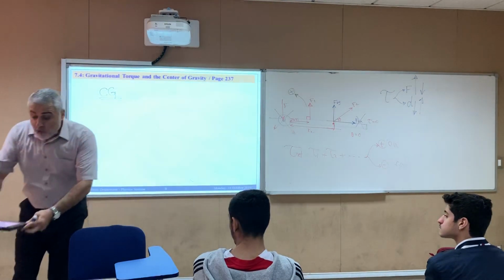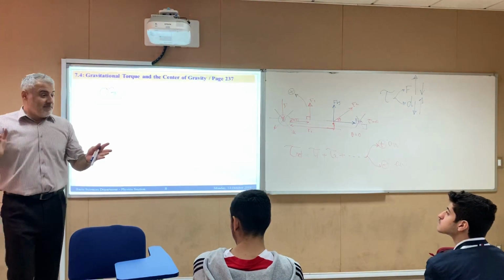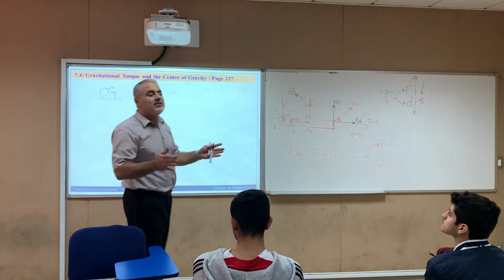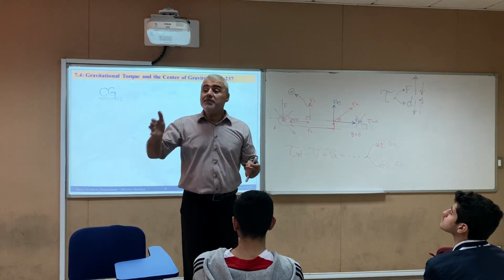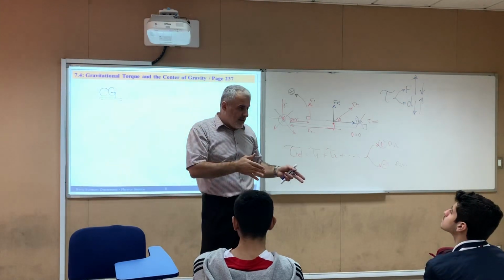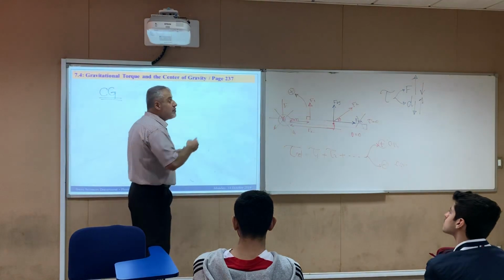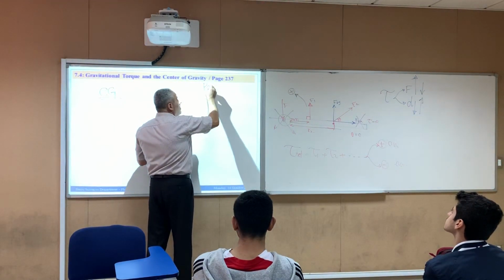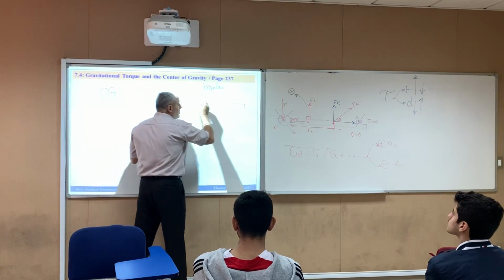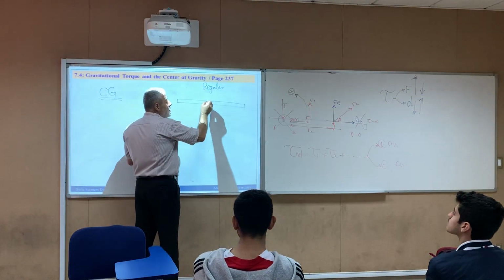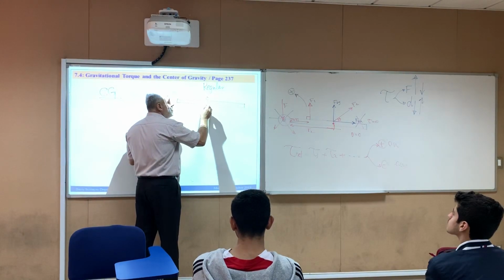All objects have what we call the center of gravity, and they have their centers. Sometimes the center is the same as the center of gravity. How? If we have a regularly shaped object, like this ruler, which you took in the lab, this is the center and this is the center of gravity.